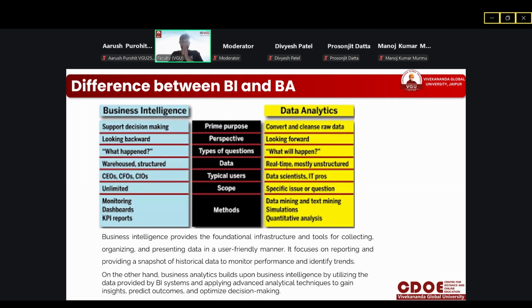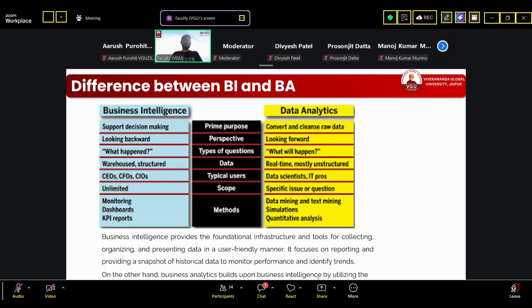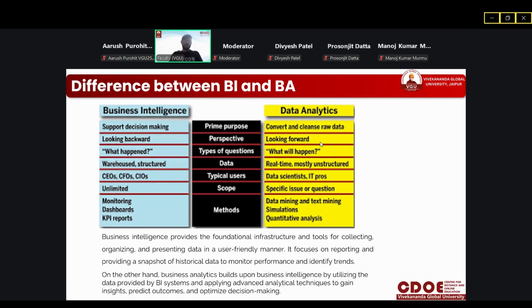From another perspective, where is business intelligence used? The primary purpose of business intelligence is supporting decision making. And what is the perspective? Looking backward, because we work on the previous data.